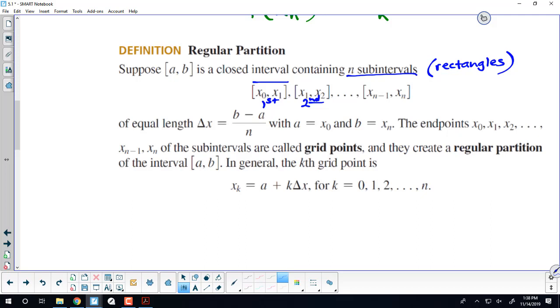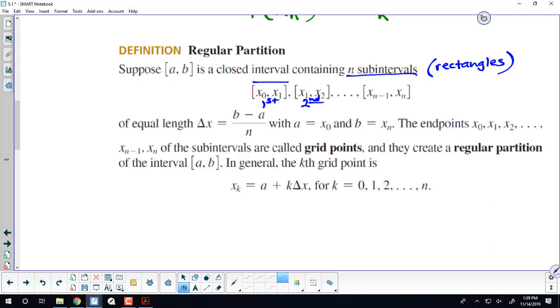The length of each rectangle, delta x, is defined as b minus a over n. In other words, it's the total length from 0 to 8, let's say, divided by how many rectangles you put in. So b minus a is the total length of that interval, and then we divide that by the actual number of rectangles we're placing.